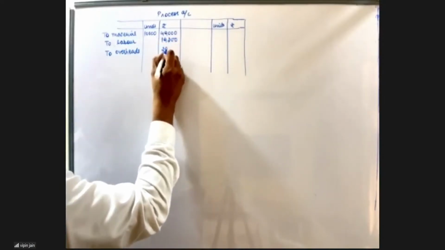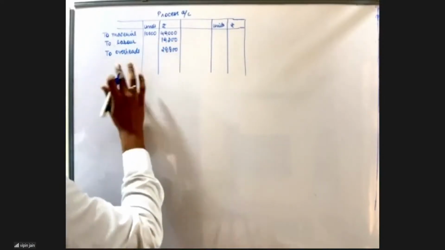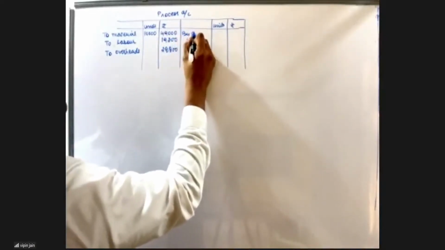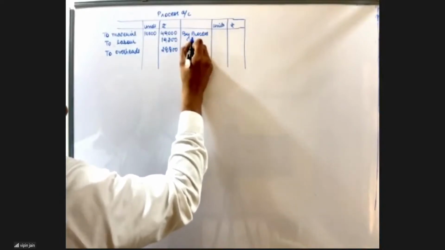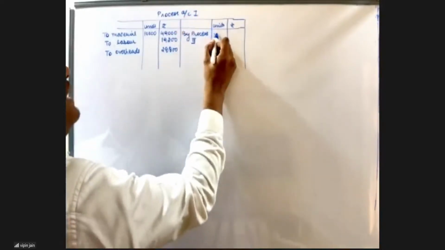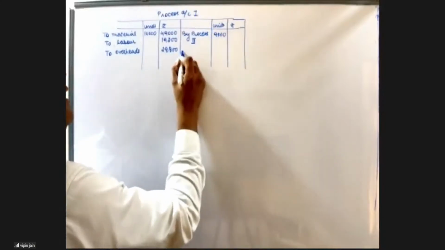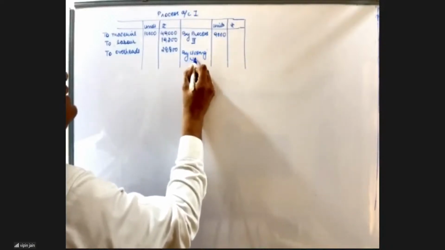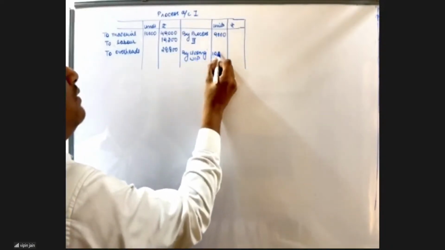And the overheads are 28,800. Further, the units that are transferred to the next process, let's say process second, is 9,000. And the units that are still in process, that is closing work in progress, is 1,000.